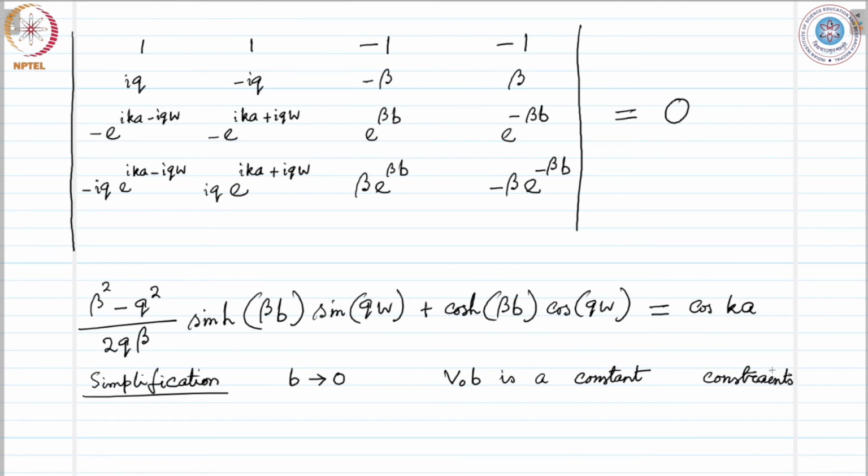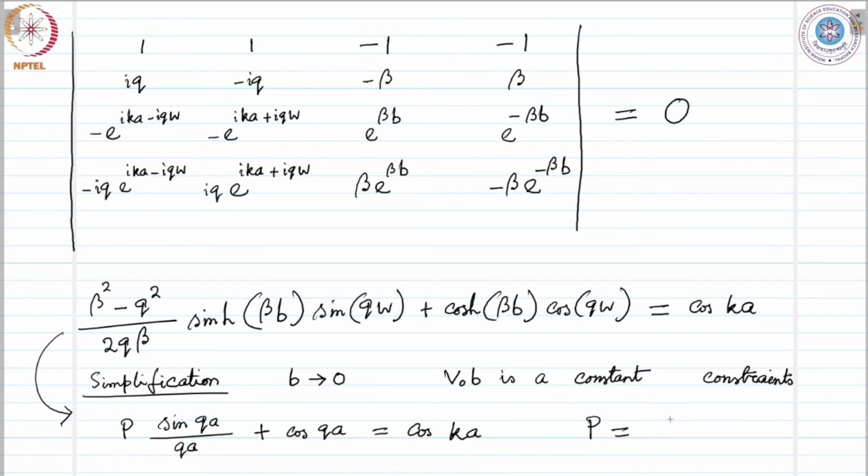So with this we obtain a simplified solution which is P times sin(qa)/(qa) plus cos(qa) equals cos(ka). What is P in here?